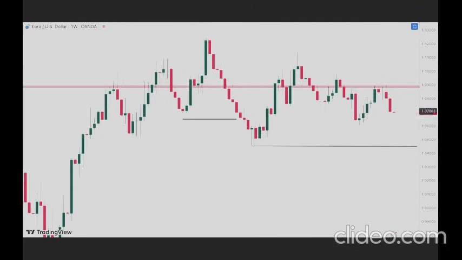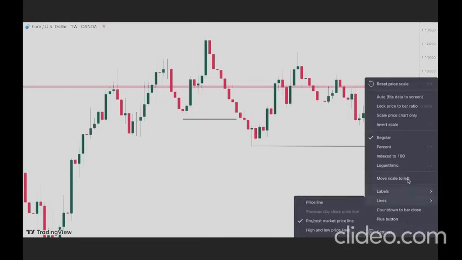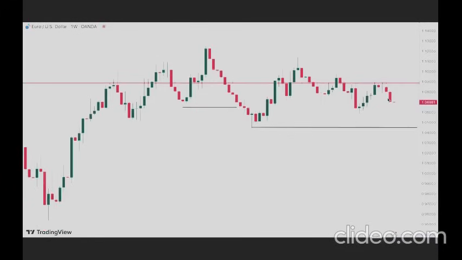Then, without wasting any time, let us drop to the daily time frame.